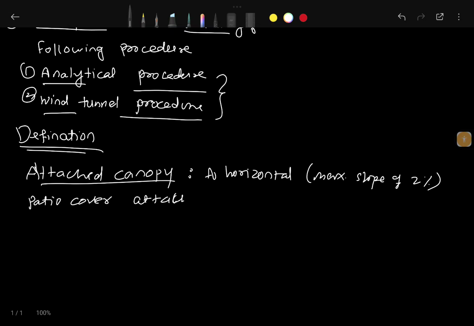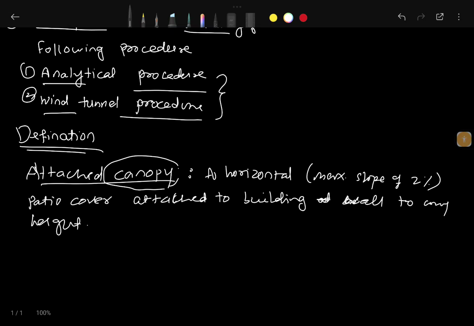That is called an attached canopy. It is different from an overhang. This canopy and overhang are both different.